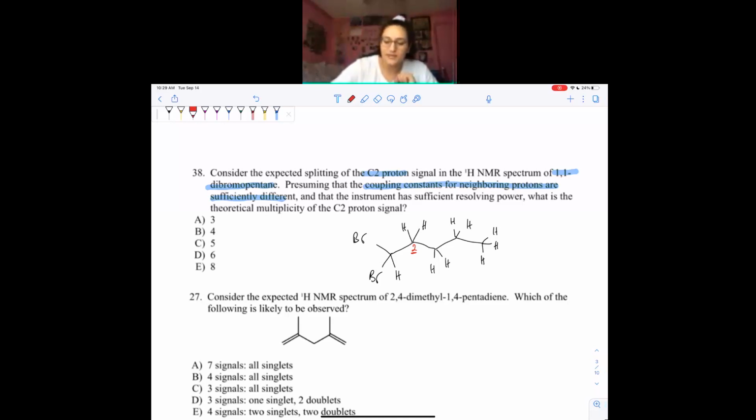So we're going to use the n plus 1 times n plus 1. And since we're looking at these hydrogens, I'll go ahead and highlight the neighbors. So on the left, we have one neighbor, and on the right, we have two neighbors. So I'm just going to go ahead and fill in one yellow neighbor, so that's 2, times 2 red neighbors, which makes 3.